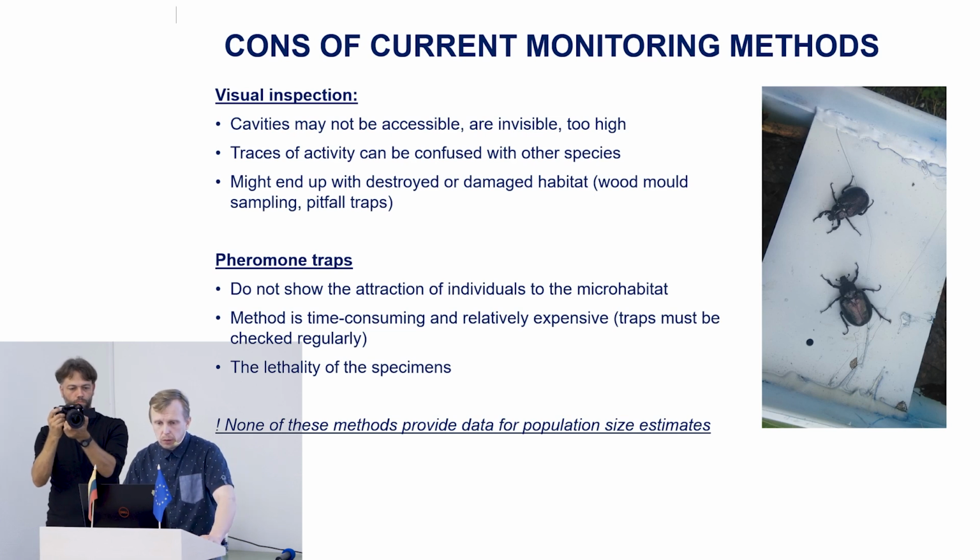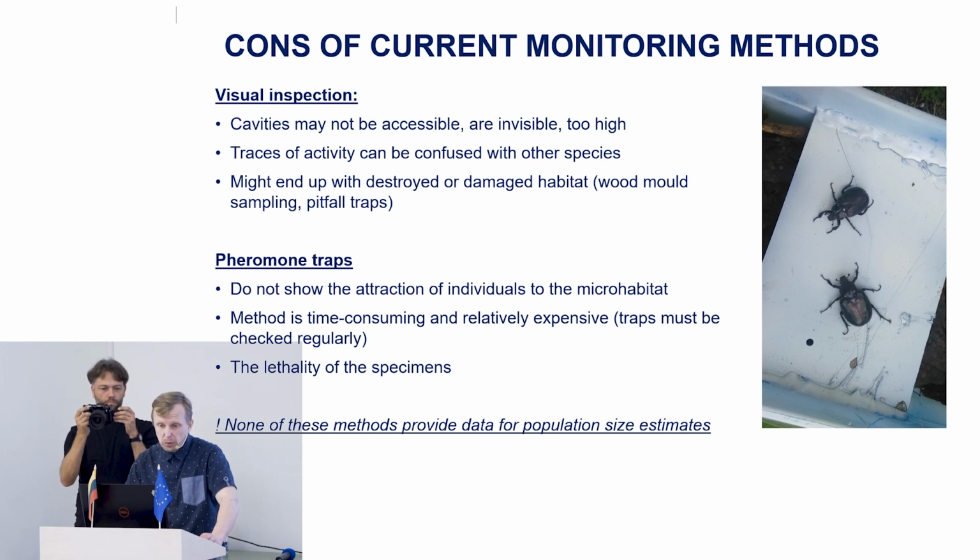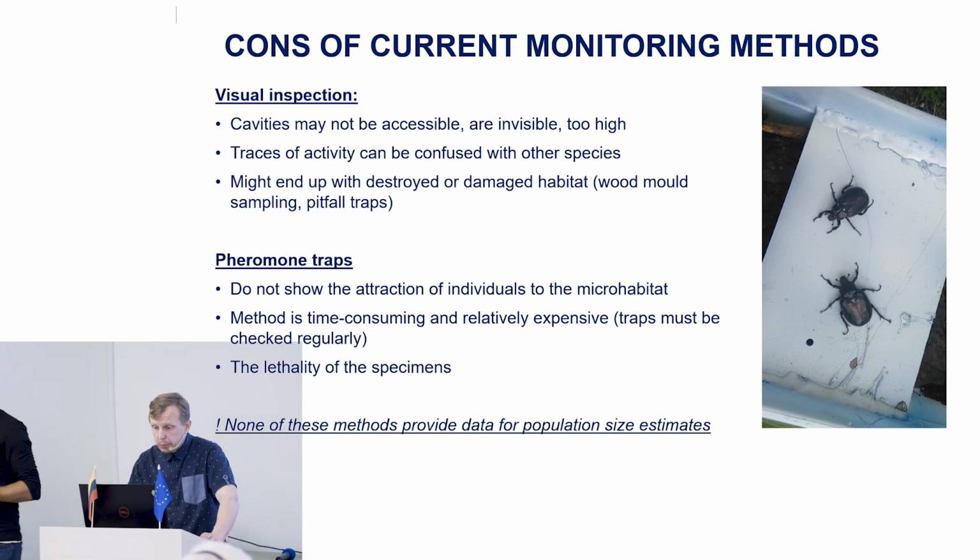There are a lot of cons to current monitoring methods, but we can talk about pheromone traps. Pheromone traps, first of all, do not show attraction of individuals to the microhabitats of a separate tree.